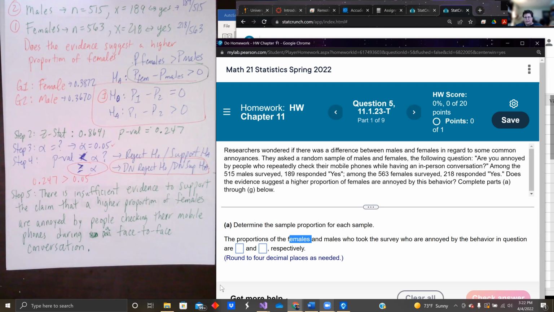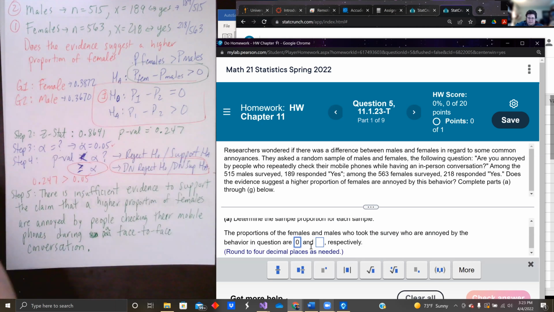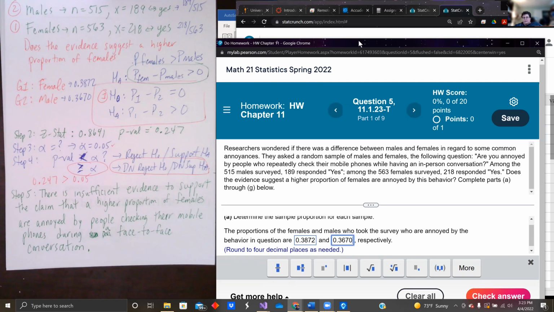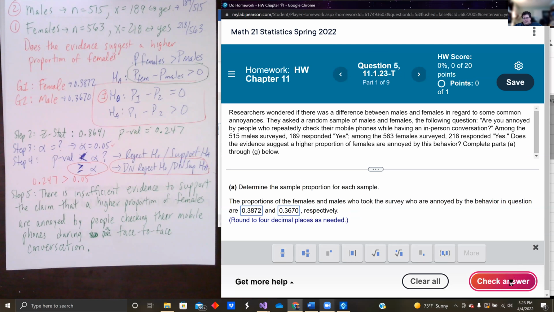And now I know what I need to enter here. Oh, I already wrote it wrong. Females go first: 0.3872 and 0.3670. We'll check answer.